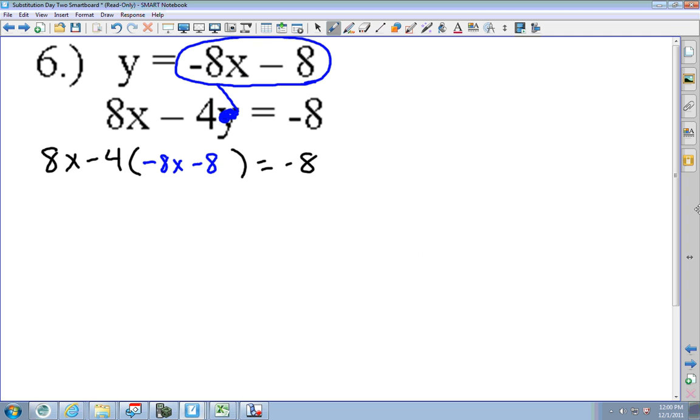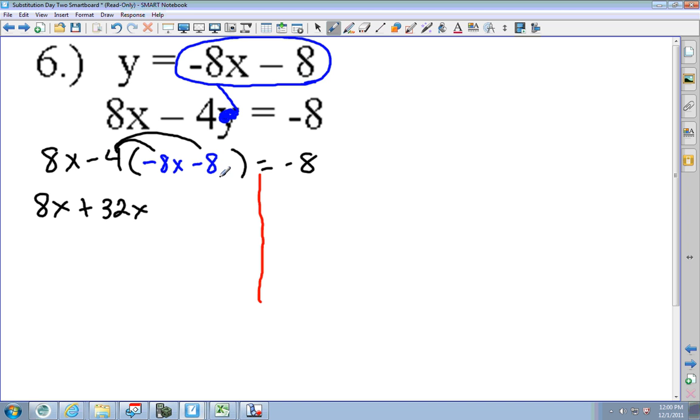Okay? From here, this is just what we've done since the beginning of the semester. The 8x comes down. Now I have to do hippity-hoppity distributive property. Negative 4 times negative 8x is a positive 32x.